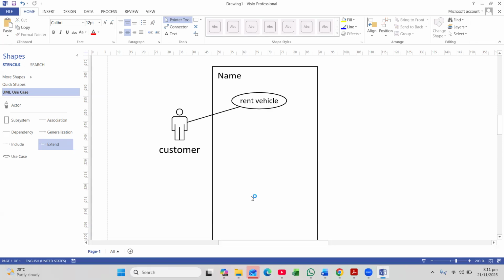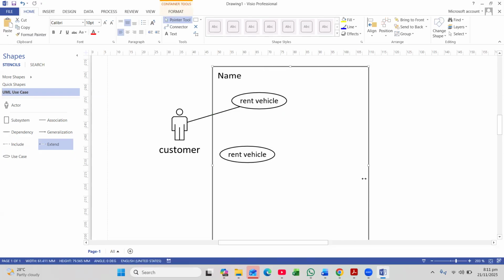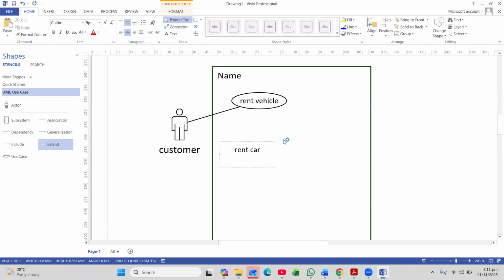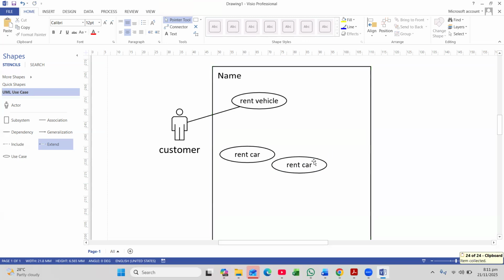I'm going to rent a vehicle. And for me to rent a vehicle, I can either go and rent a car, or I can go and rent a bike.